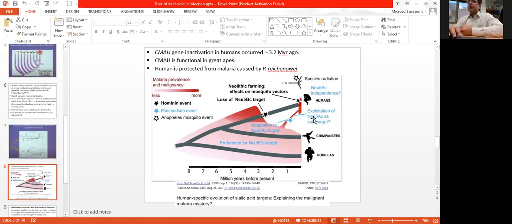So exploitation of Neu5Ac as a sole target was attempted during this evolutionary period, which gave rise to a different form of the Plasmodium species.